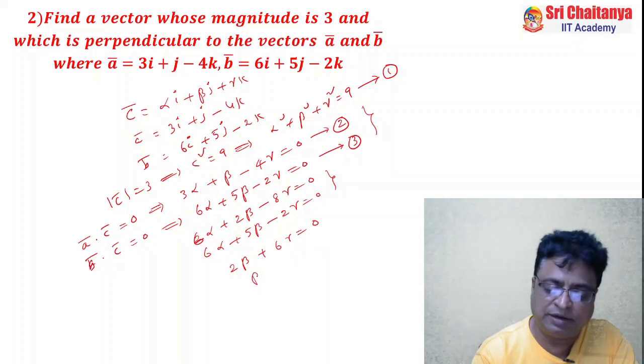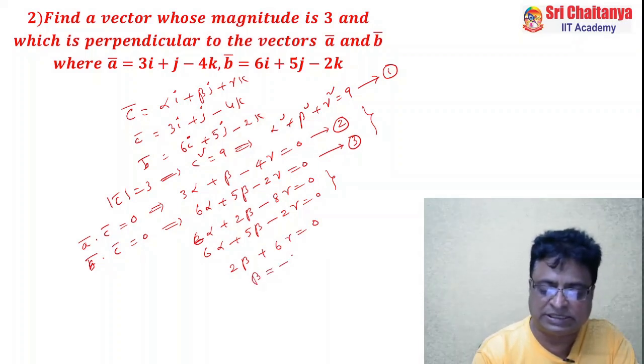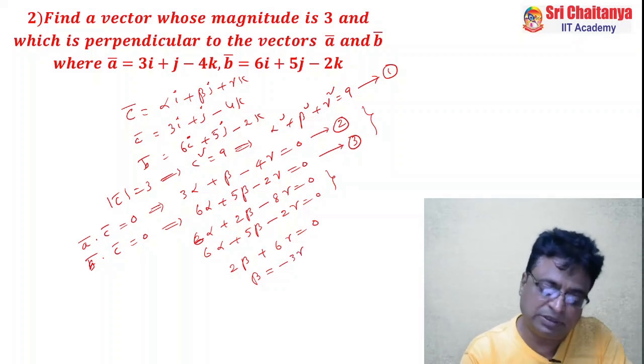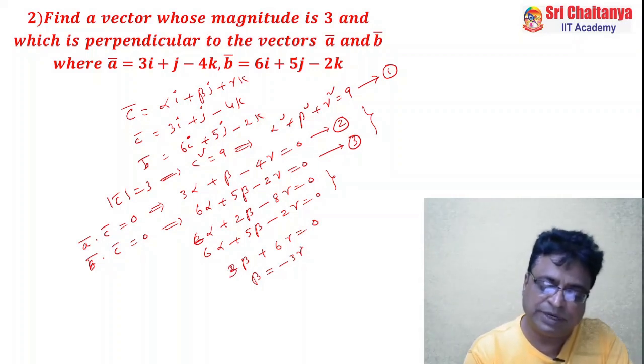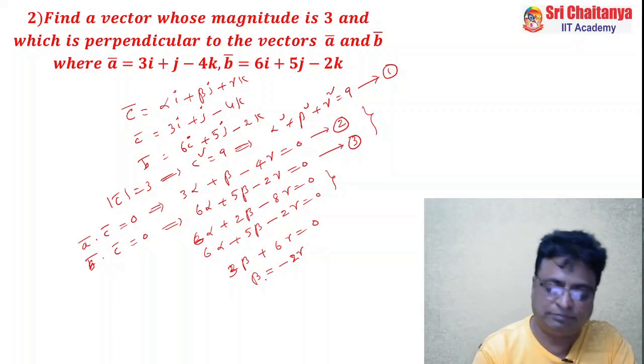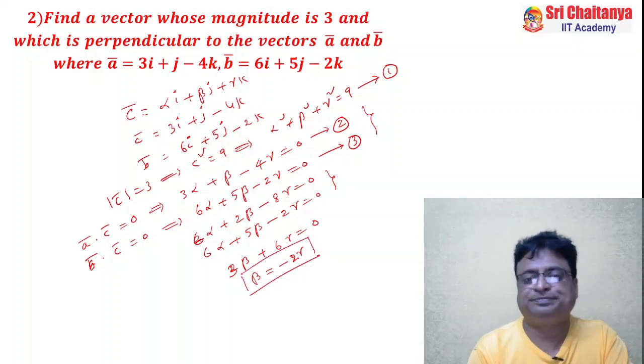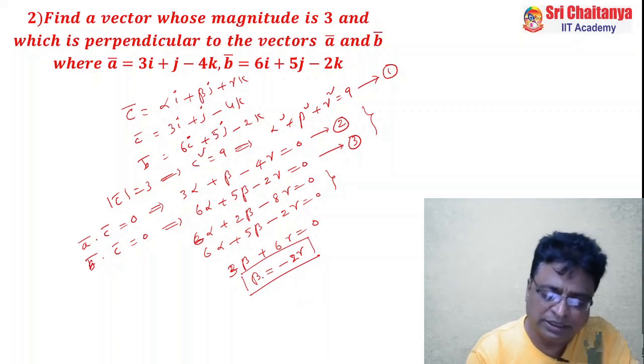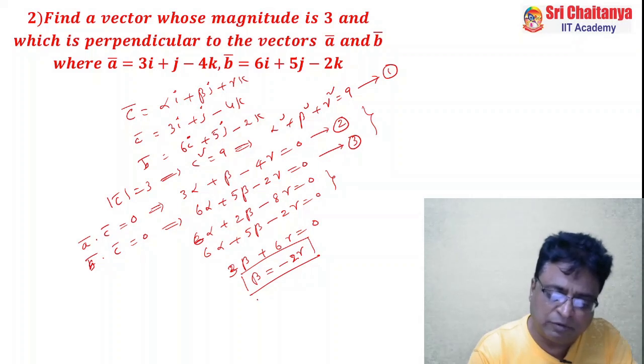So beta equals, I think, minus 3 gamma. Once again, please verify. So beta is equal to minus 2 gamma, or gamma equals minus beta by 2.